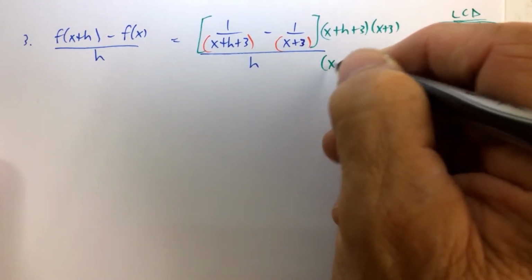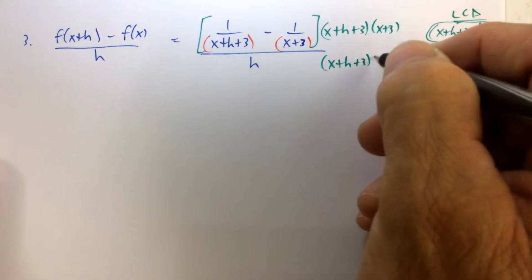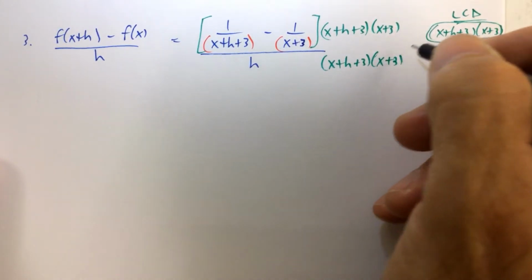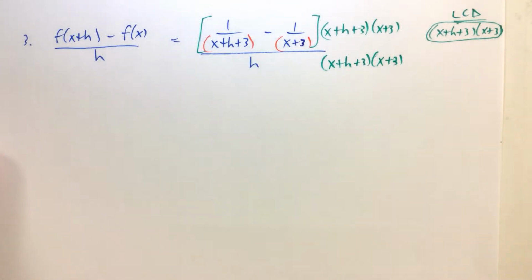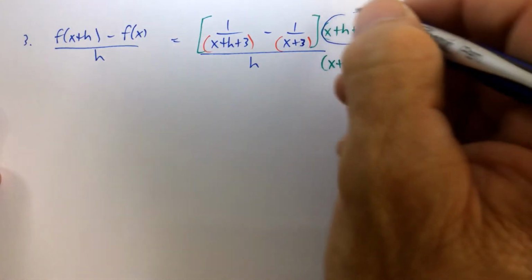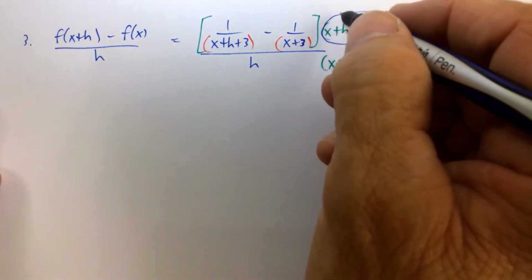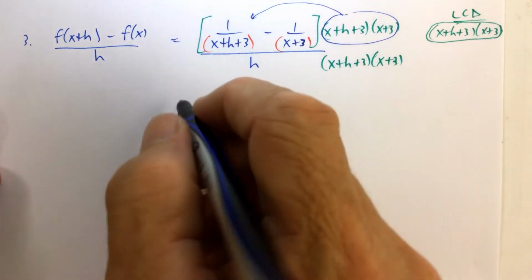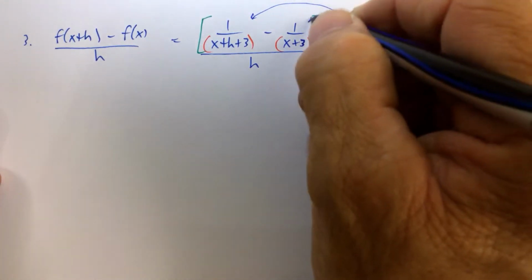And why would we want to do that? Well, I'll show you. When we multiply this whole expression by the first fraction, we end up getting, and then we have to multiply it also by the second fraction.